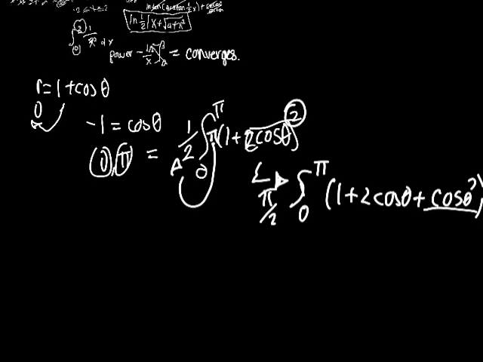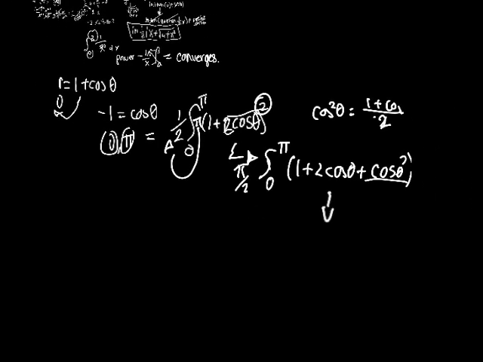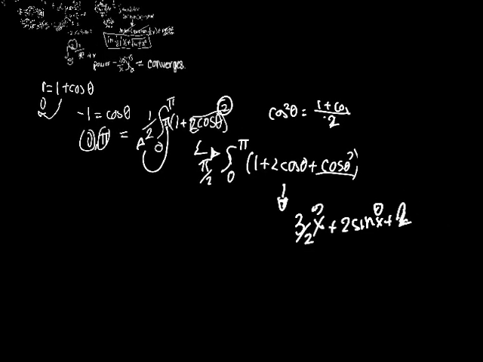And we know that this is an identity. We plug this in, and once we integrate this, we will get a value of 3 over 2 theta plus 2 sine theta plus the remaining term.